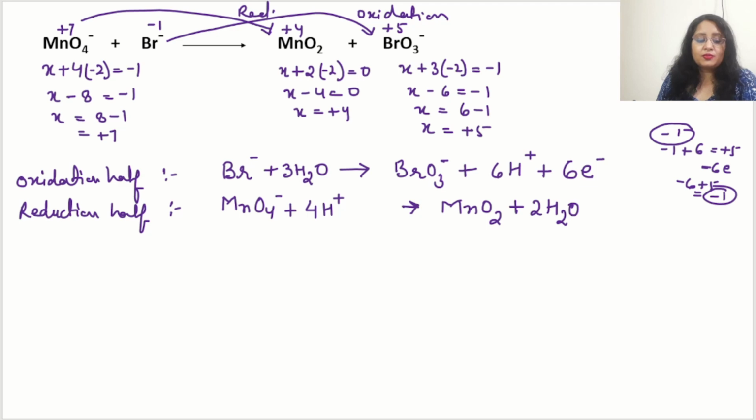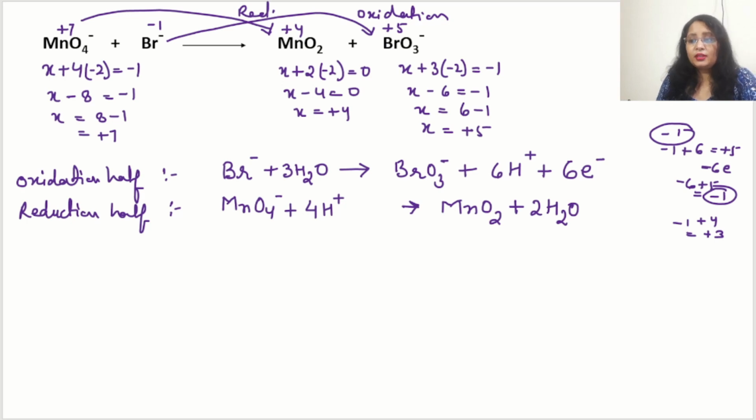Now hydrogen is balanced. After that we will balance the charge. Charge is -1 plus 4, because hydrogen is having 4 plus, so the total is plus 3.